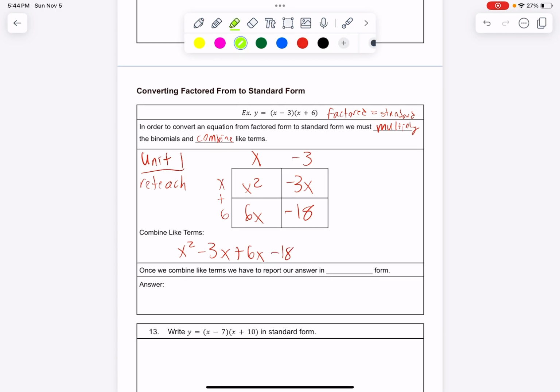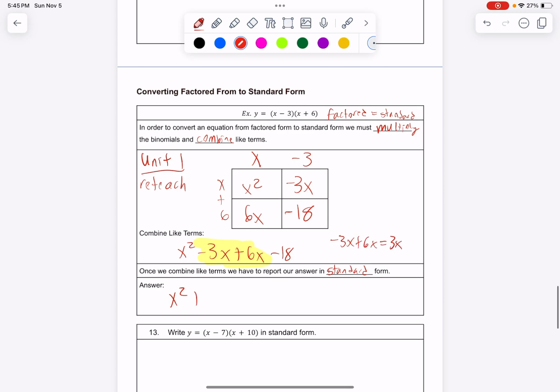So all of this together, I notice that I can add together these two like terms. So when I combine our like terms, we report our answer in standard form, where I have x squared, negative 3x plus 6x gives me a positive 3x.